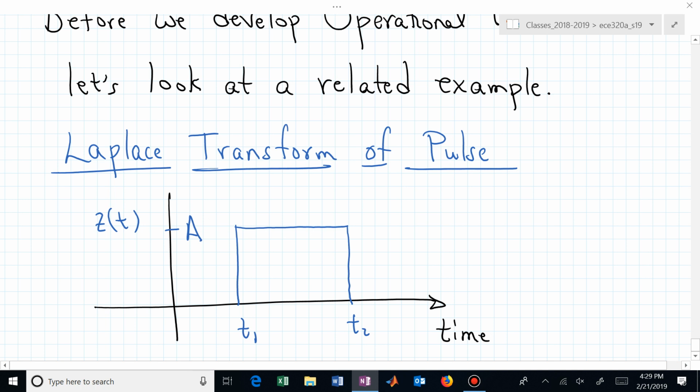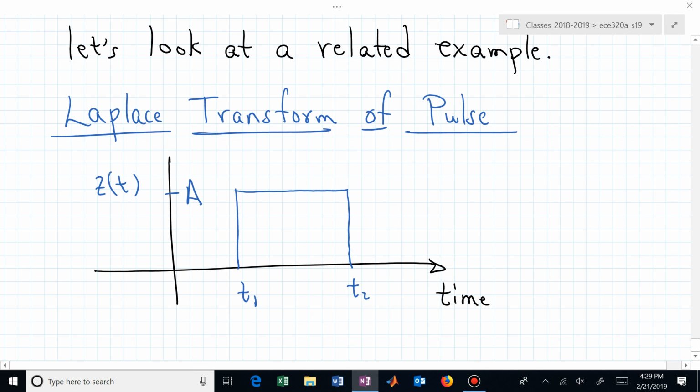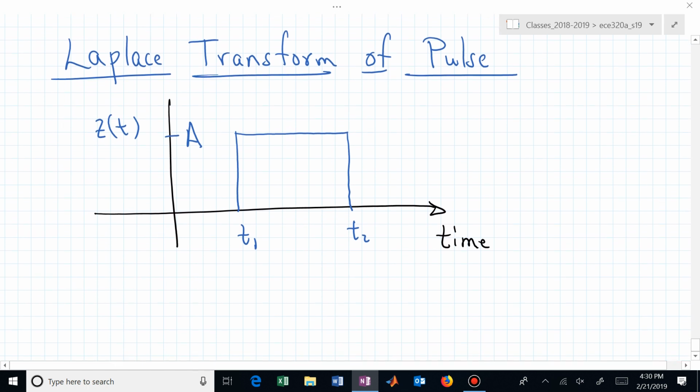What does the Laplace transform of a pulse look like? Have we computed the Laplace transform of a pulse yet? And if we have not, is there a way that we can write this as a combination of waveforms that we have already Laplace transformed?